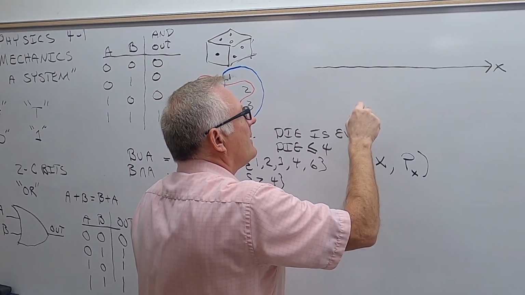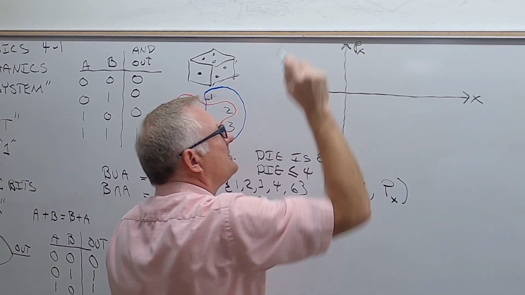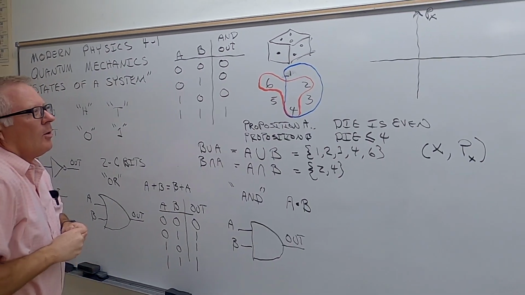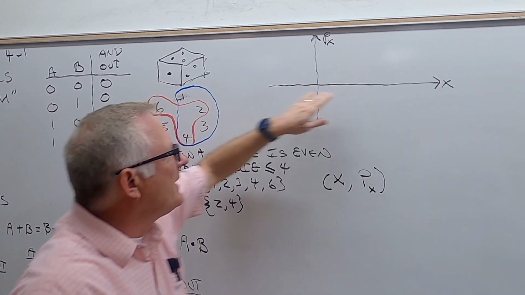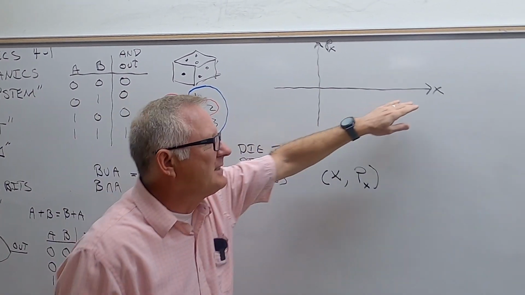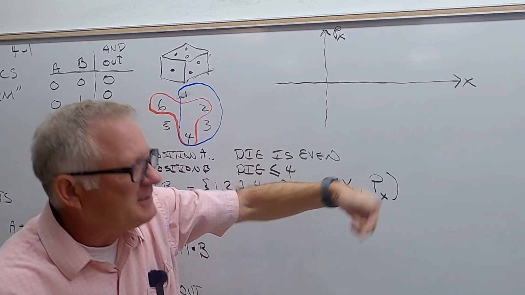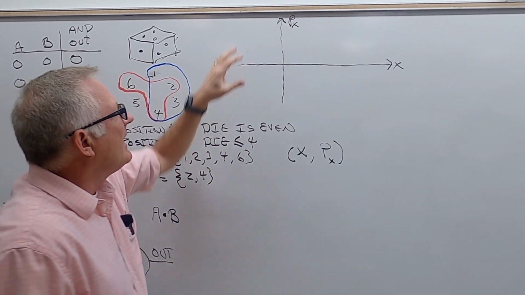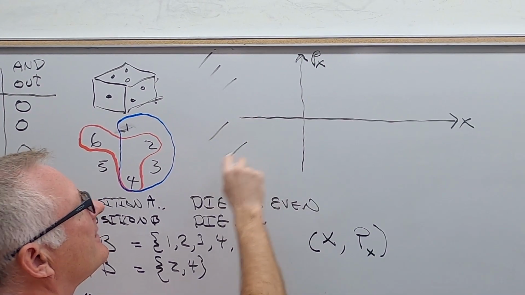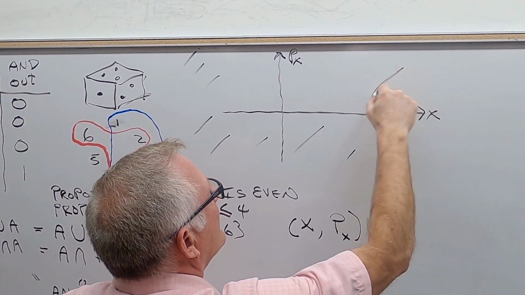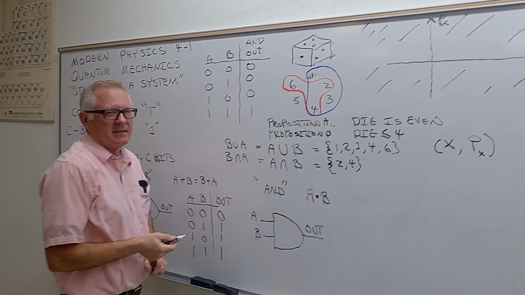As a matter of fact, let's put the possible momenta, px, on the y-axis here. Since this particle can be anywhere on the x-axis, plus or minus, and since the momentum can be positive or negative depending on which way it's going, every point on this x, px plane is a possible state of the system.